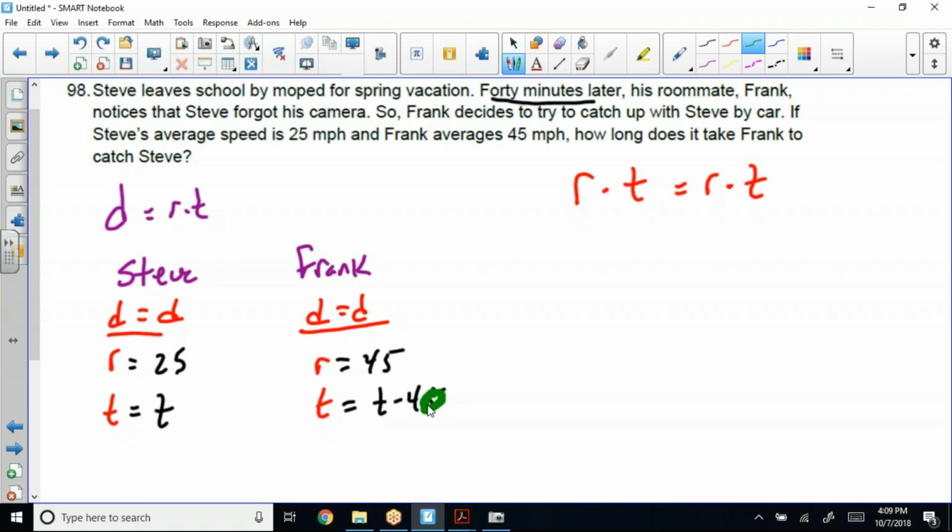But the T's not in minutes. Well, it is, but guys, look at the rates. The rates are in miles per hour, right? So how long of an hour is 40 minutes? You would do 40 divided by 60. That's right, 2/3 of an hour, right? So T minus 2/3.